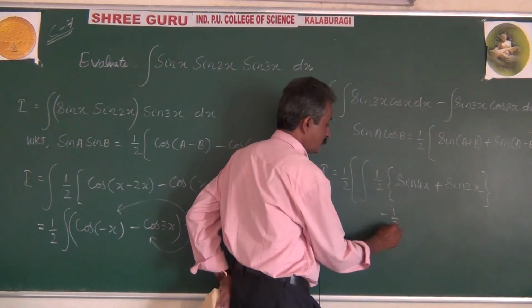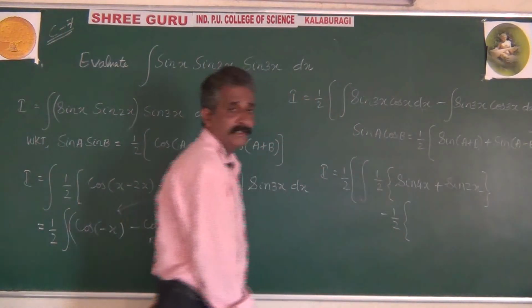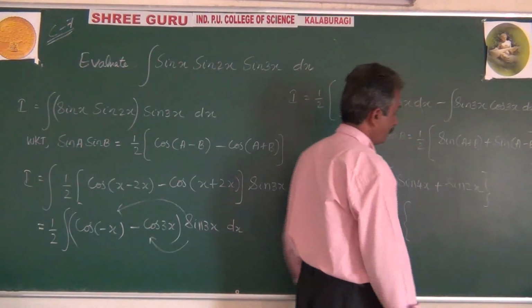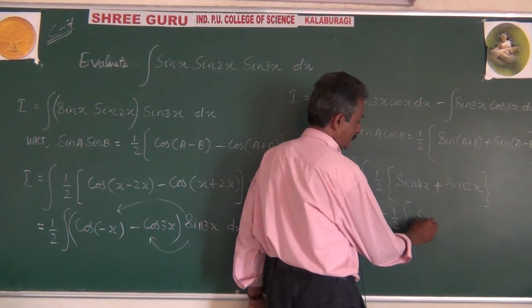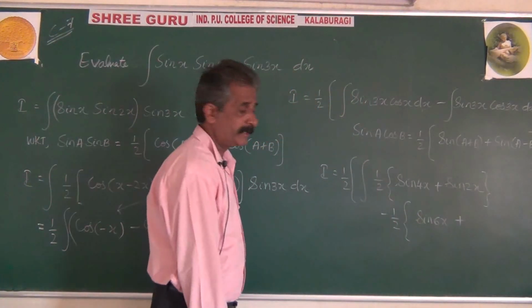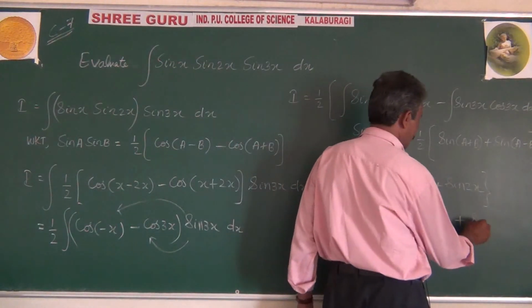Minus 1 by 2 into bracket, again a similar formula. A is 3x, B is 3x. Sin of 3x plus 3x is 6x. Then 3x minus 3x will become 0. That is sin 0.